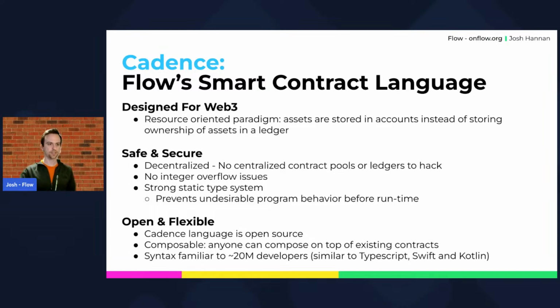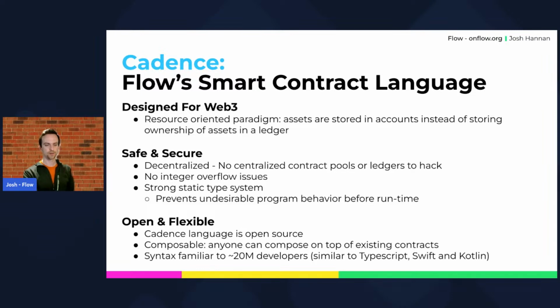Additionally, there are some more subtle language improvements that we've introduced to Cadence compared to Solidity or other smart contract programming languages, like not having integer overflow by default, and having a very strong static type system that prevents developers from introducing any undesirable program behavior or mistakes before they even start executing their code.